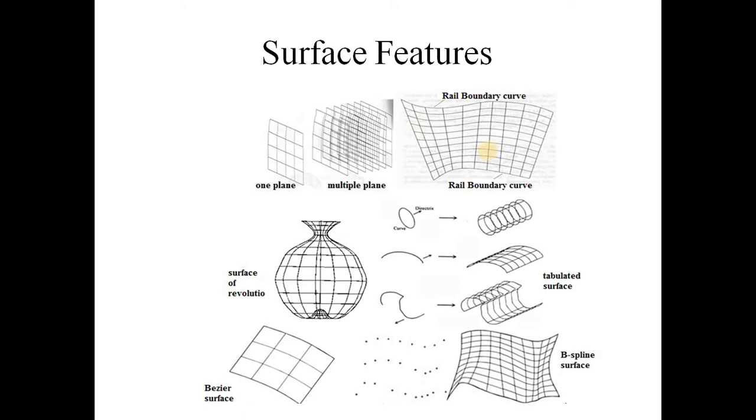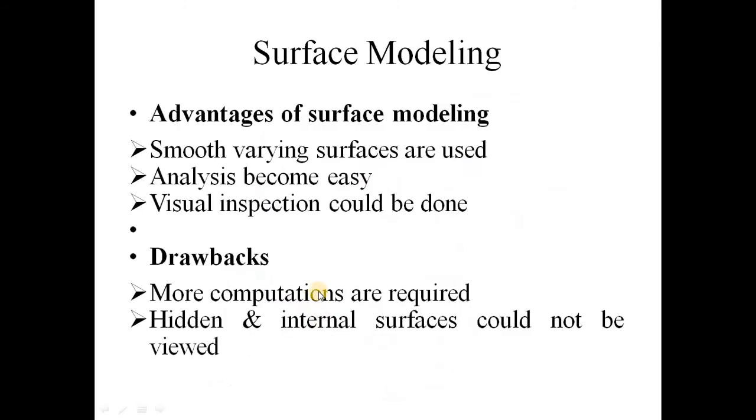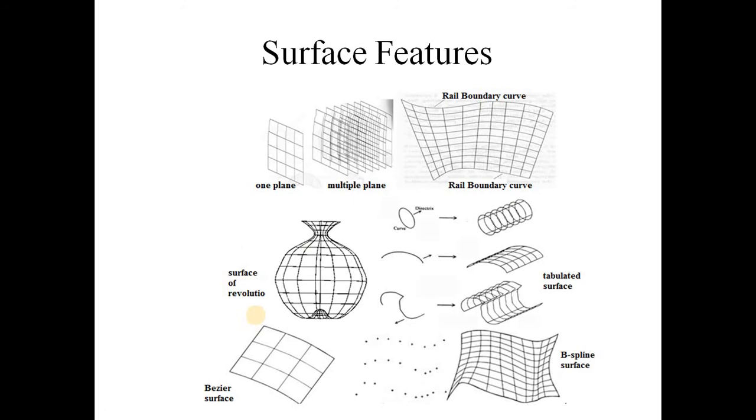So that is called a ruled surface or lofted surface. Now next is surface of revolution. In surface of revolution, this is a curve. If this curve is rotated about an axis, then it generates a surface of revolution.